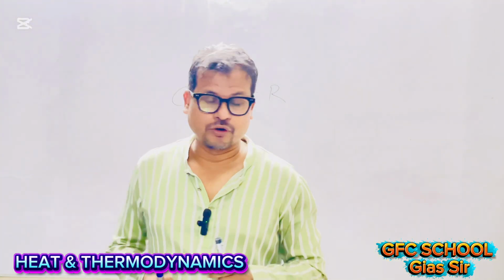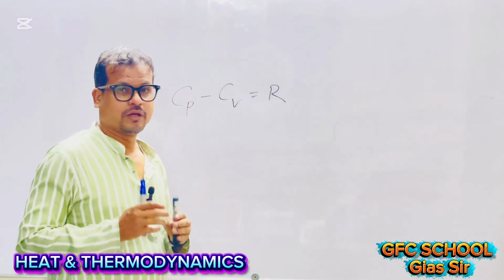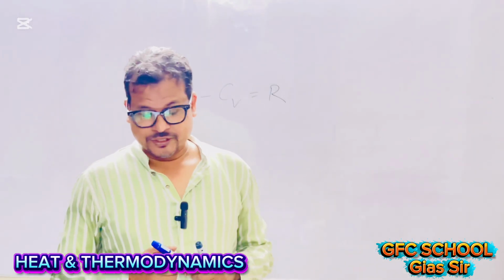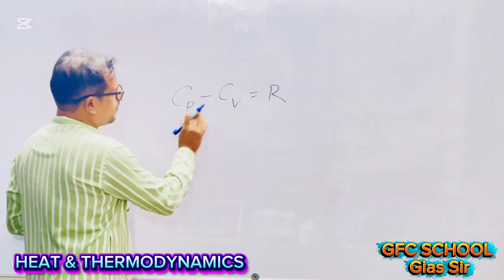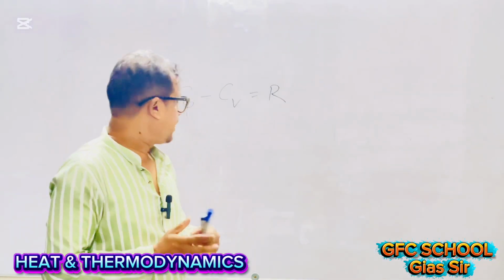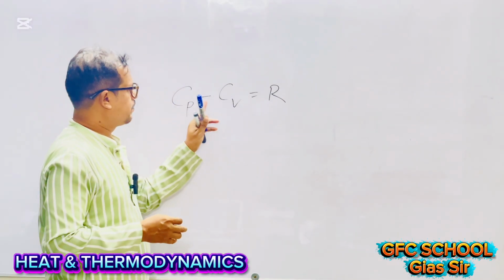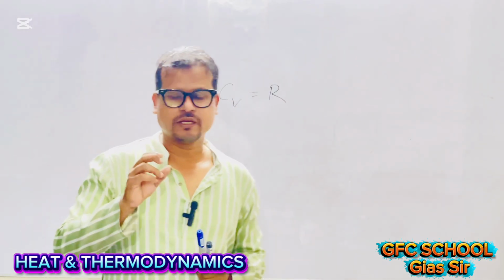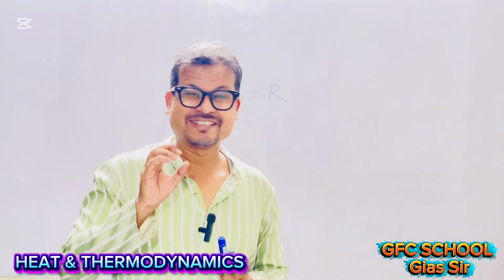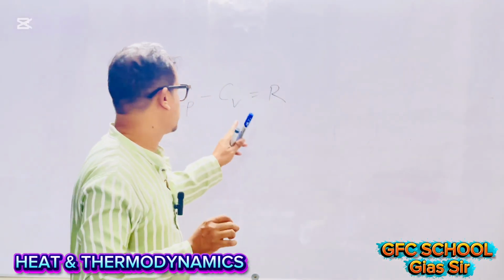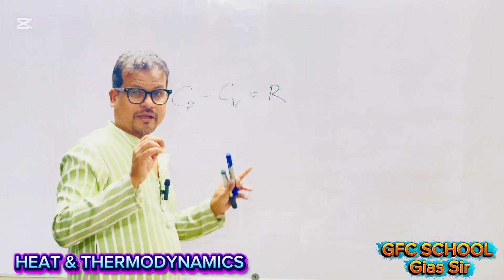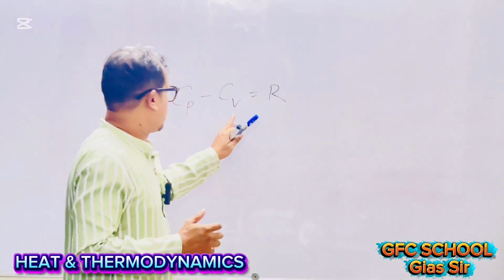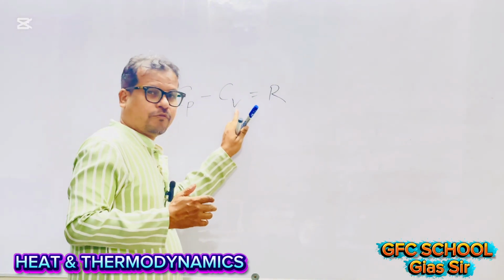Guys, for proving this, we have to know some basic formulas. Here Cp minus Cv. What do you mean by Cp and Cv? Cp is the specific molar heat at constant pressure, and Cv is the specific molar heat at constant volume.